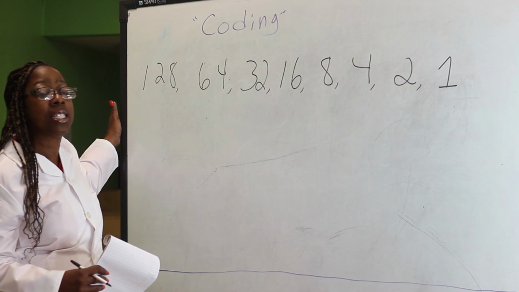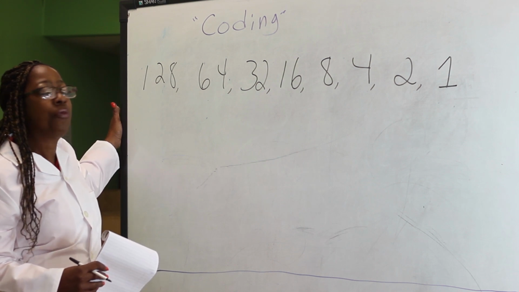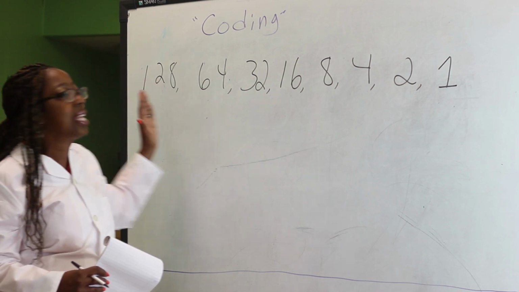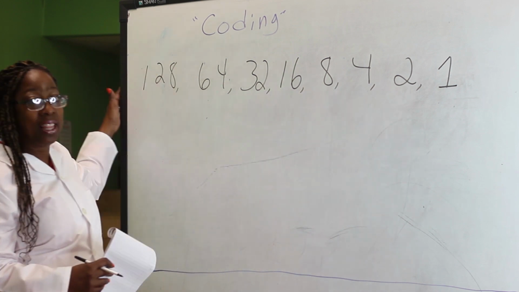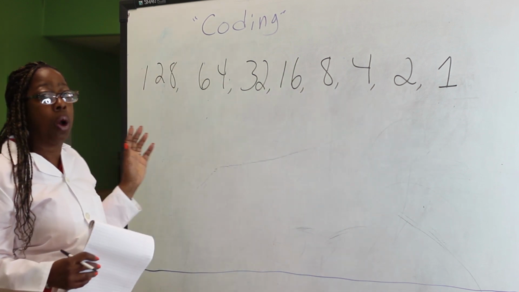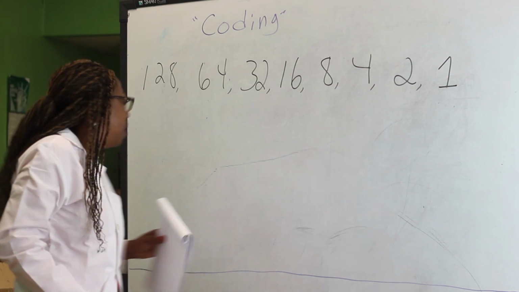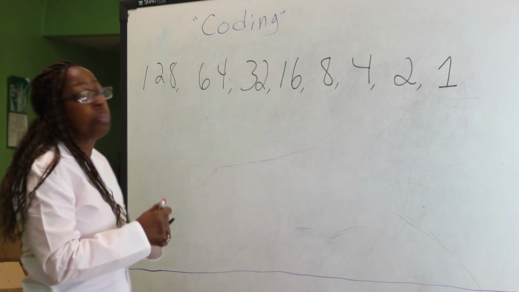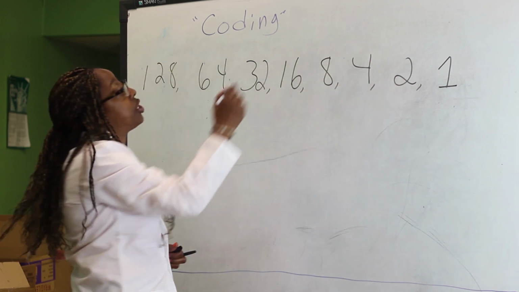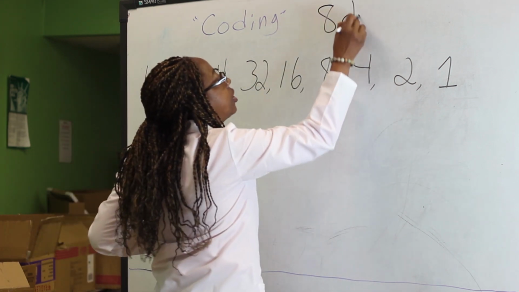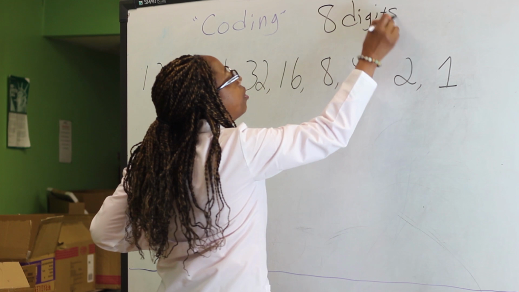And what would be the next number from 128? If I said 128 times 2, that would be the next number, and so on and so on. So we're going to code with what we call 8-digit numbers. And I say 8 digits because I only have 8 digits here.